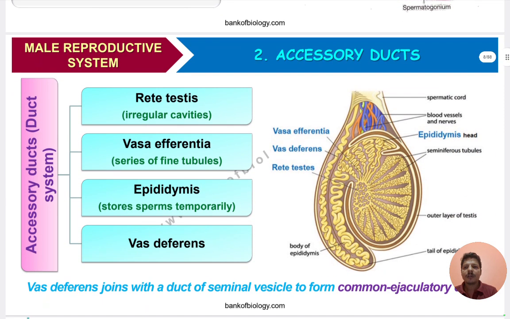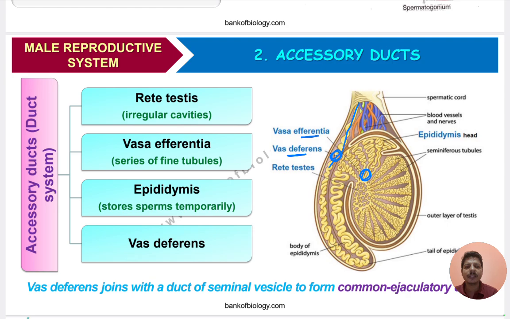Next, coming to accessory ducts, there are four different types of ducts: rete testis, irregular cavities; vasa efferentia, a series of fine tubules; epididymis, which stores sperm temporarily; and finally vas deferens. In the diagram you can find vasa efferentia located in this portion. This tube is the vas deferens.